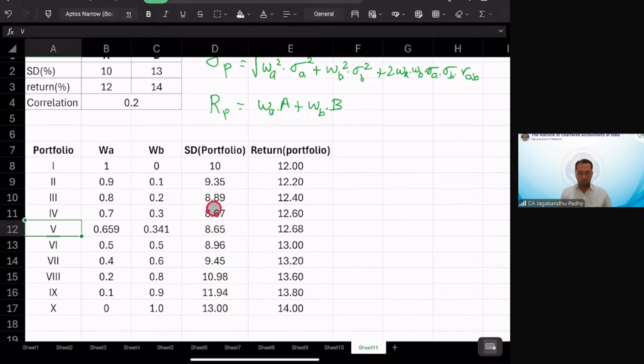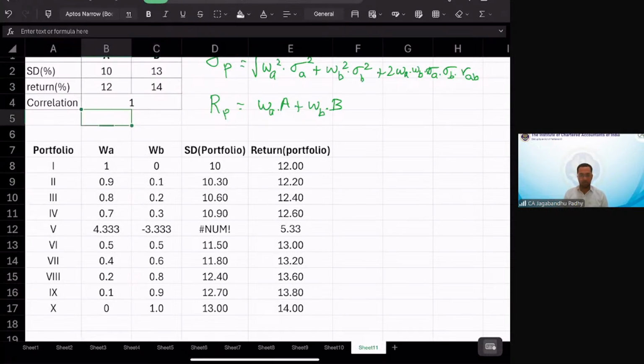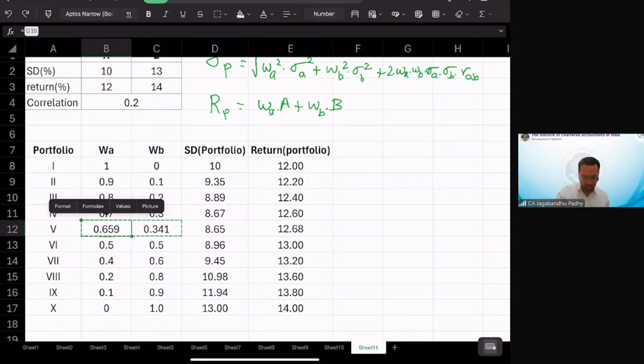Correct? So this particular reduction in the standard deviation is happening only and only due to the correlation part. Now, just for example, if I take this correlation as higher, let's say I take the correlation as 1, what you will observe is all our values are pasted as values.